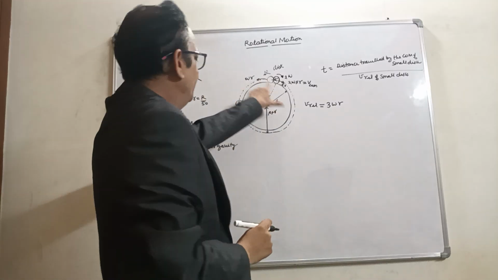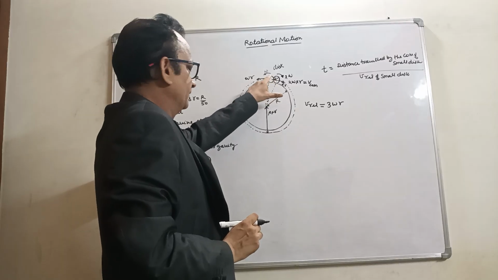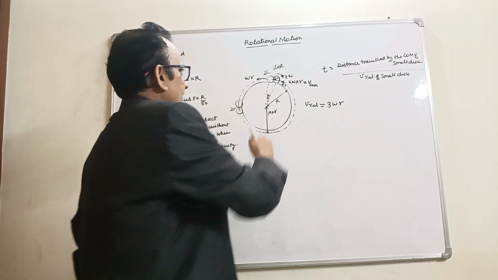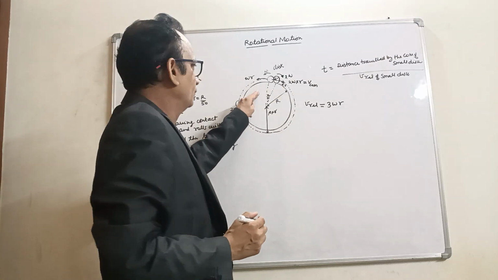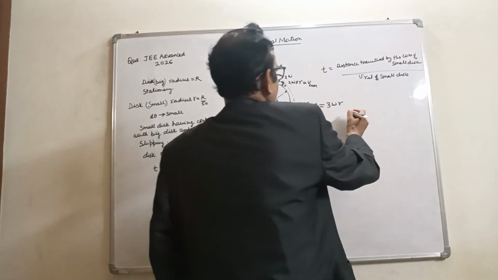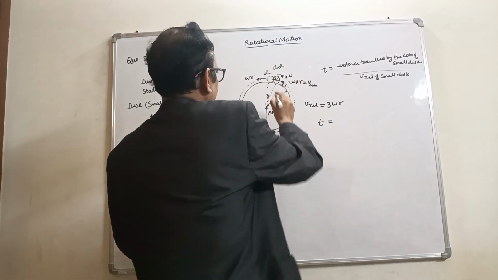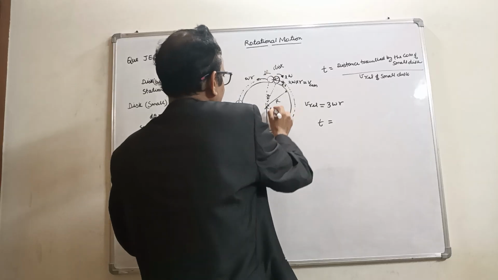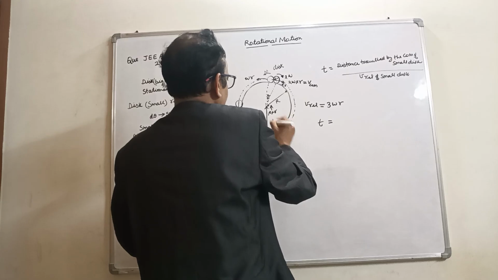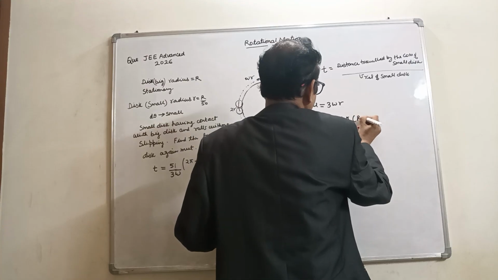As the big disk has no movement, and the two small disks always stay in contact with the big disk, and we assume no gravity, the distance traveled by the center of mass would be 2 pi times r plus r. This is the distance from the center of mass of the disk, where the radius would be r plus r. So this would be 2 pi (r plus r).